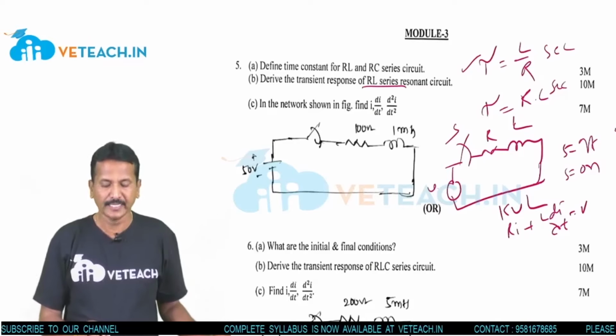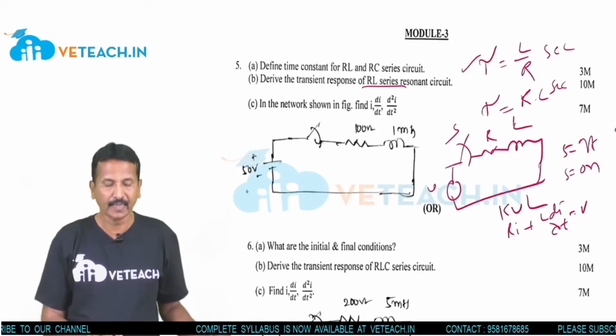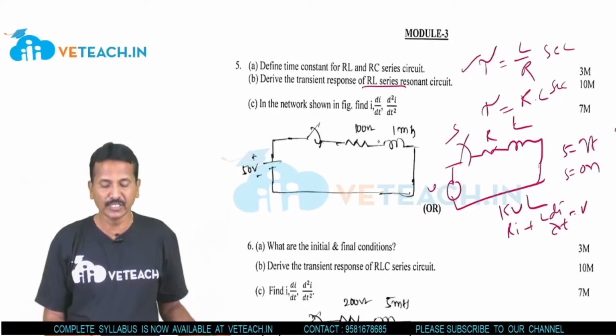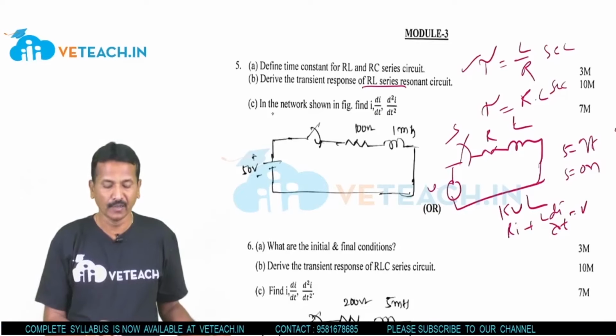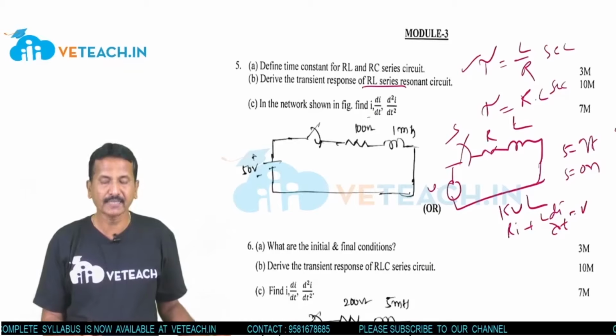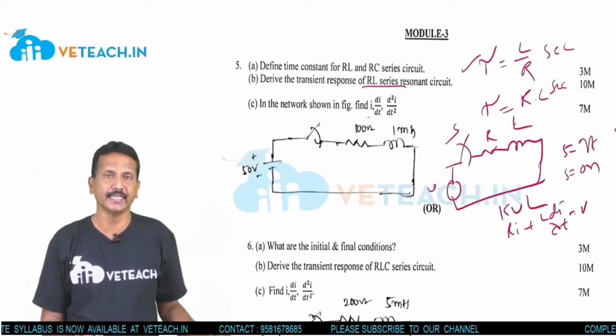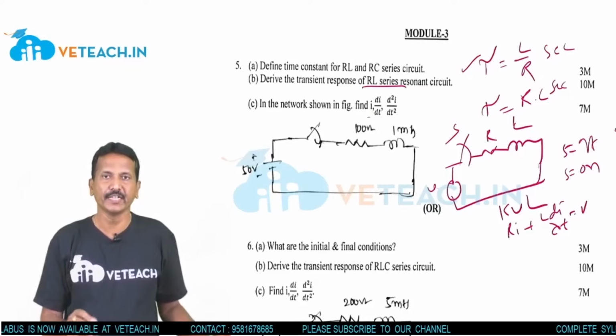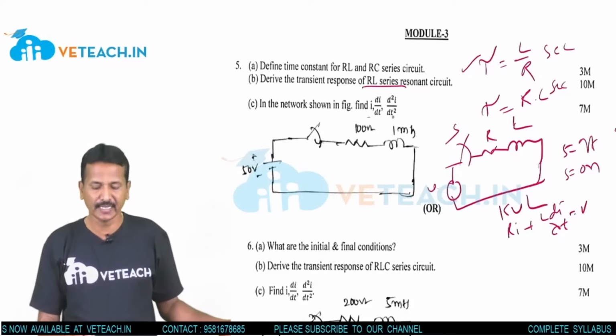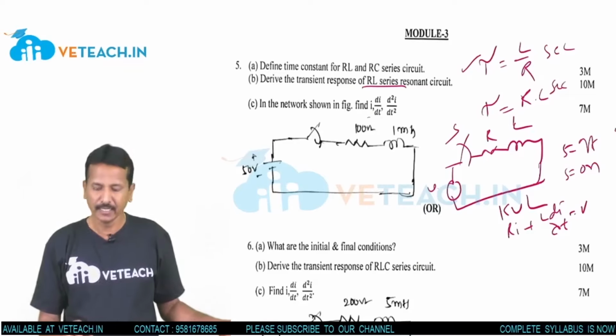Now the same RL circuit is there, with a voltage given, 100 ohms, and 1 millihenry. What you have to find here is i as well as di/dt. If we differentiate again, we get d²i/dt².